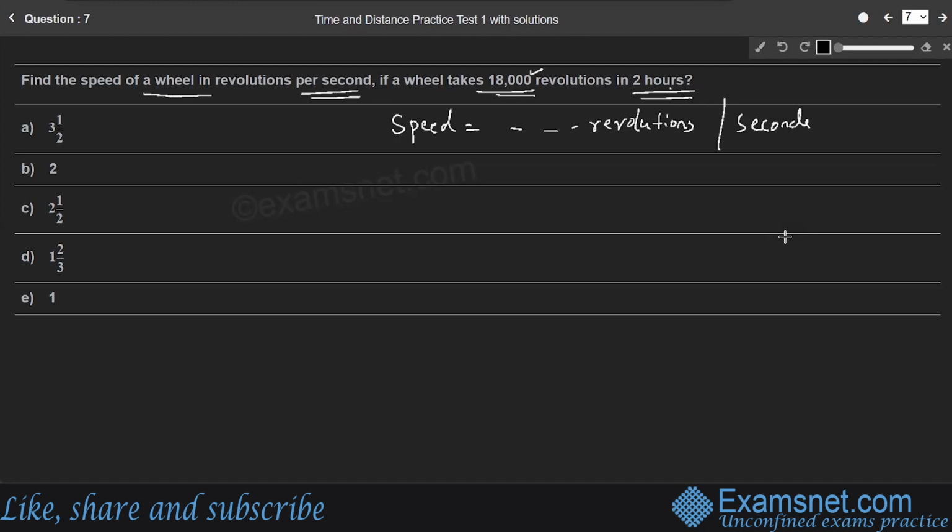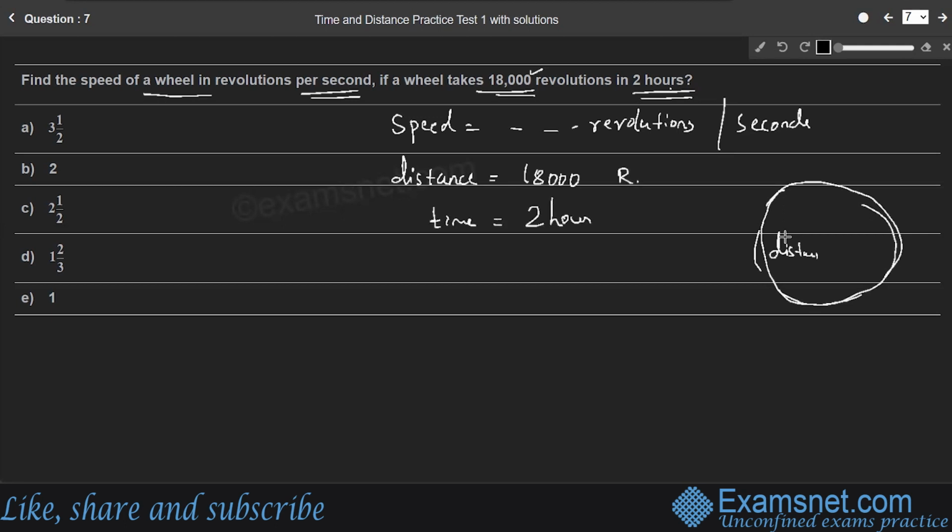Number of revolutions, if you consider a circular path, is nothing but the distance covered by that particular wheel, right? Here the revolutions or the distance is 18,000 revolutions and the time taken is 2 hours.